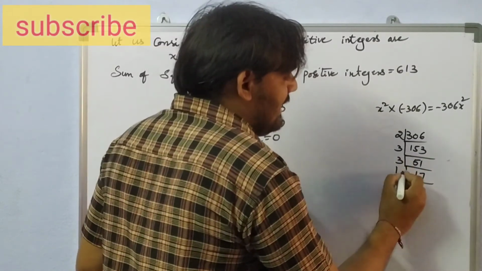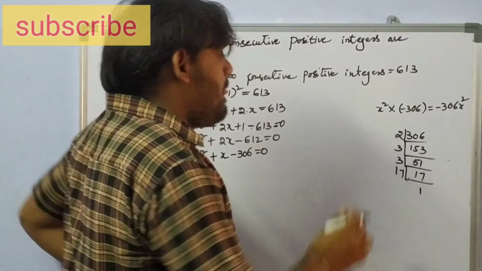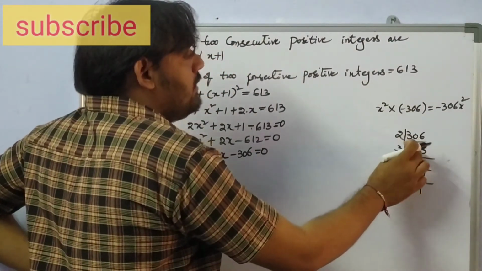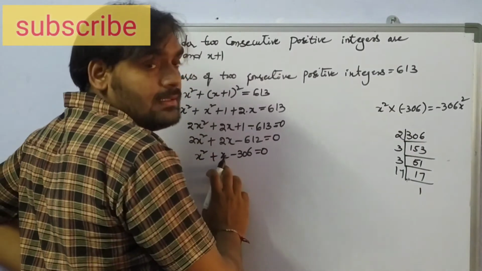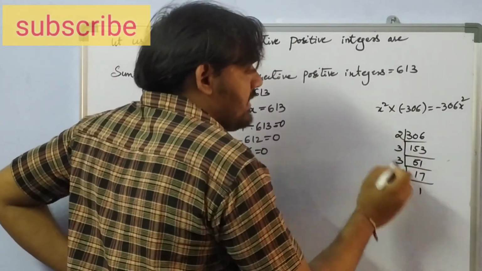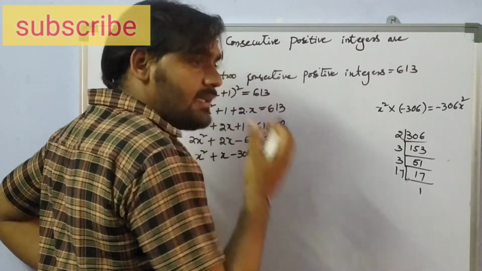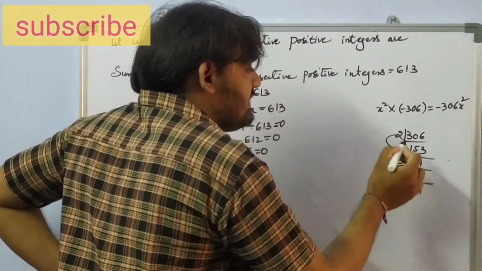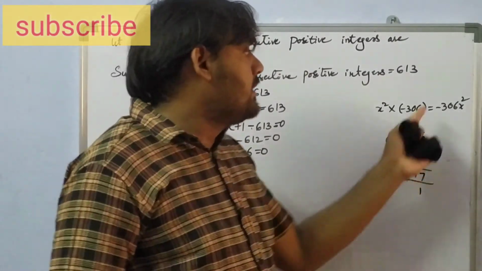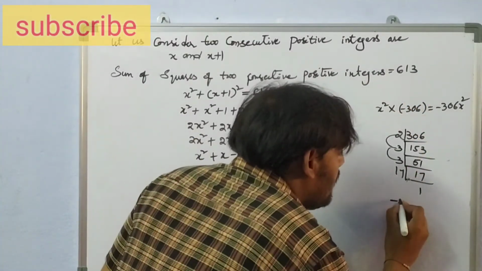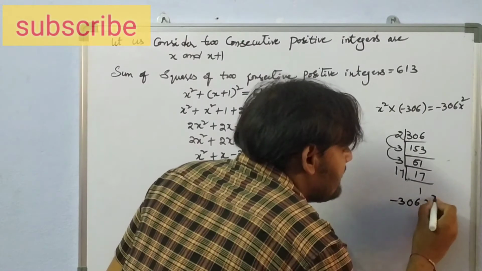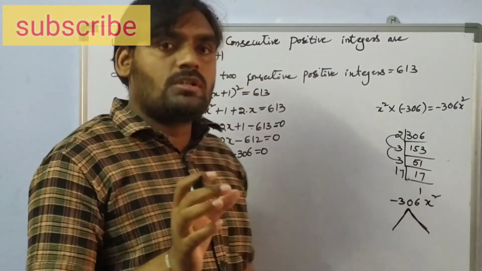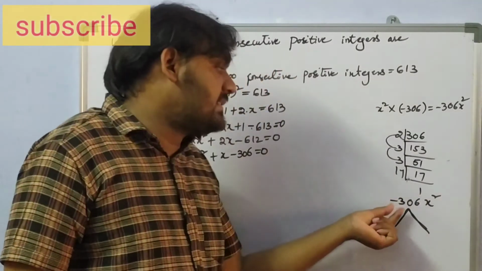Now here, 2 into 153, we are getting 306. But if you add, we need to get plus x. So at that time, the required factors for the condition are 2 3s are 6, 6 3s are 18, 18 17s are 306. But here we got minus 306 x square. When we multiply two terms, we need to get minus 306.